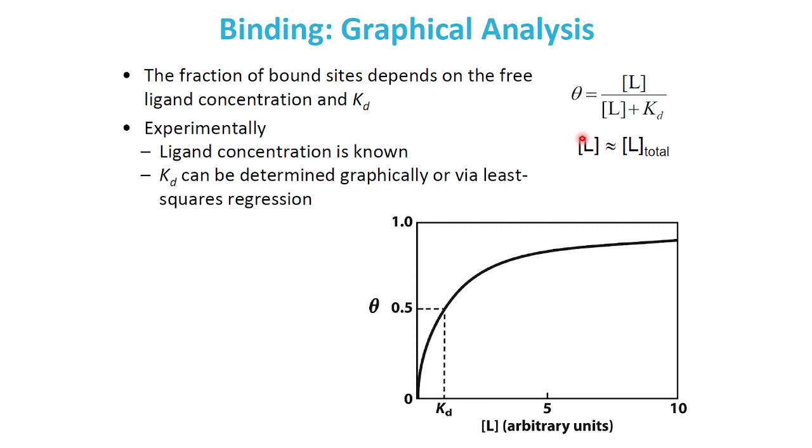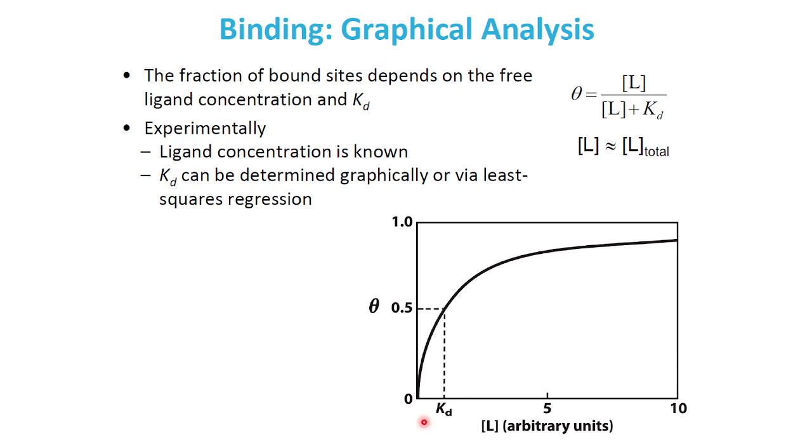Say you have 10 to the power 6 molecules, and out of that only one or two molecules are actually involved in the binding process. Then that is very close to your total ligand concentration. That is why we are considering this to be your total ligand concentration.